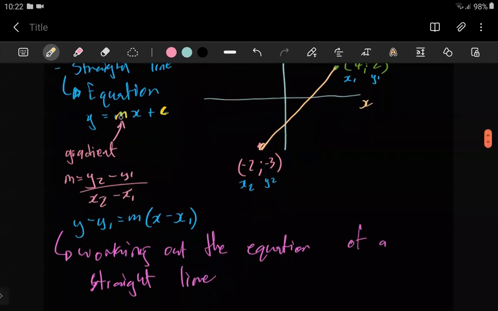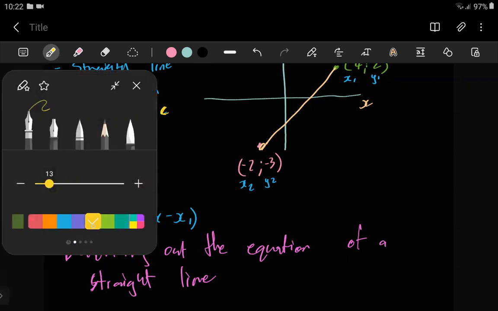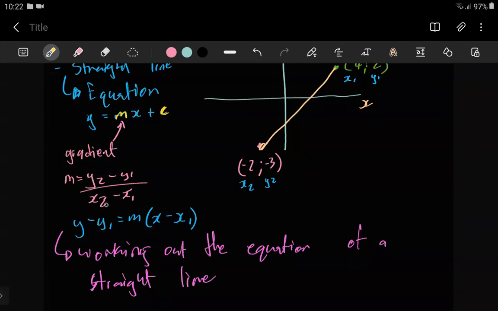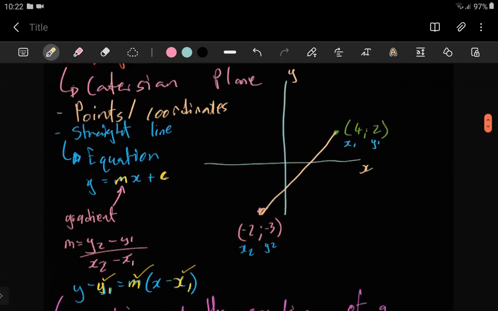Normally when you want to get a y-intercept, you just use this format, because it allows you to throw in a coordinate that the graph passes through, a y value and its x value. And then here you are going to throw in the gradient. So you need 1, 2, 3 when you're working out the equation of a straight line: a point that it passes through and the gradient.